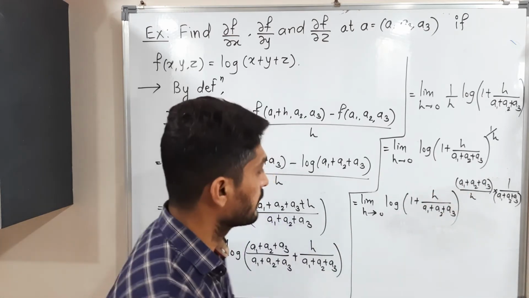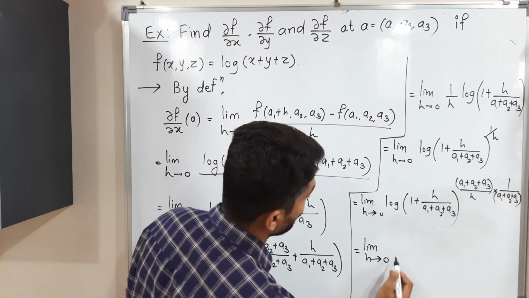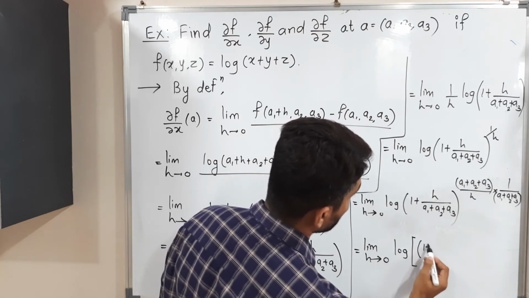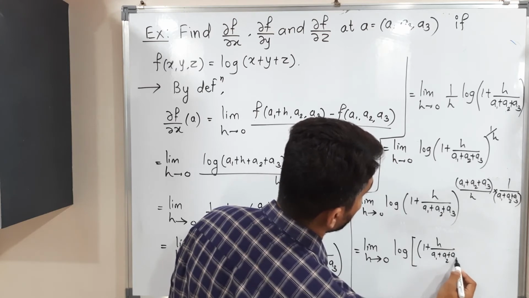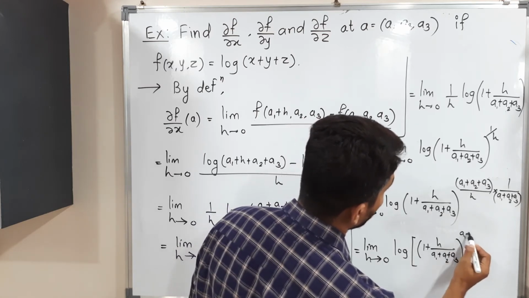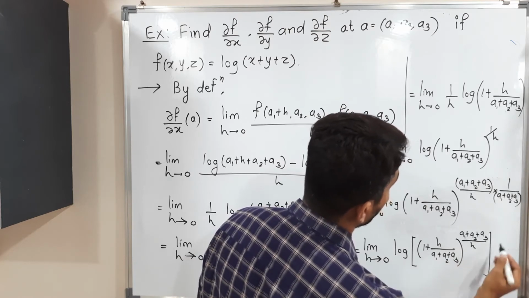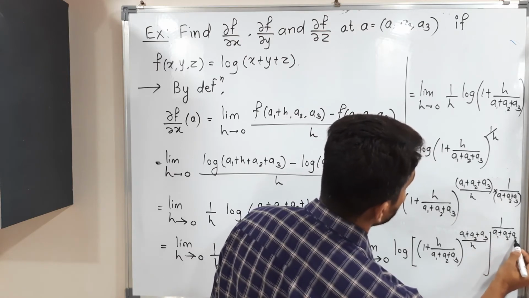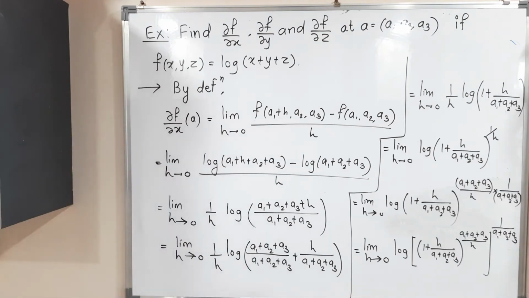So this is nothing but limit h tends to 0 of log of [(1 + h(a1 + a2 + a3)) raised to (a1 + a2 + a3)/h] whole raised to 1 upon (a1 + a2 + a3). Okay, so you can make a screenshot of it, and after that we will go further.